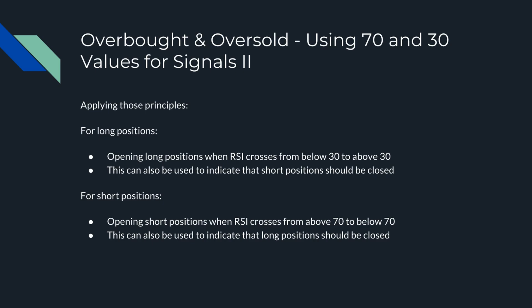At the same time, you can use that to close your short and say, okay, I've had a great run on this sell-off, but now the bulls are coming back into it. I'm going to close my short so the market doesn't move against me. And of course, the same logic applies for the other end. If RSI is above 70, it is overbought.